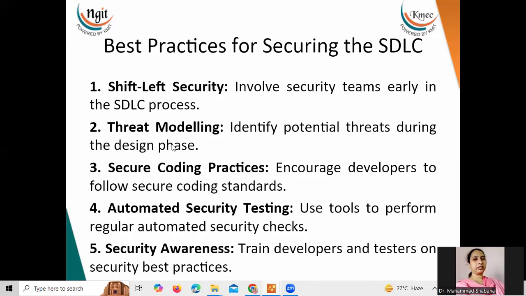Threat modeling helps to identify and address vulnerabilities, while secure coding practices and automated security testing help in continuous monitoring. Lastly, educating your development team on security best practices is essential.